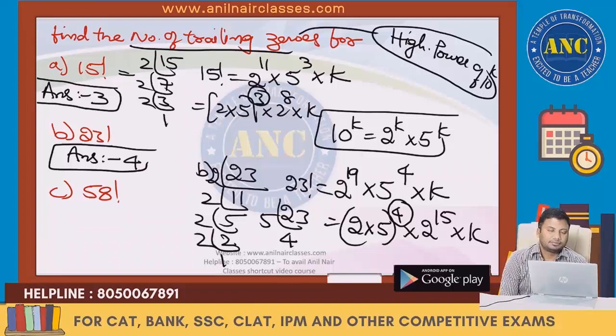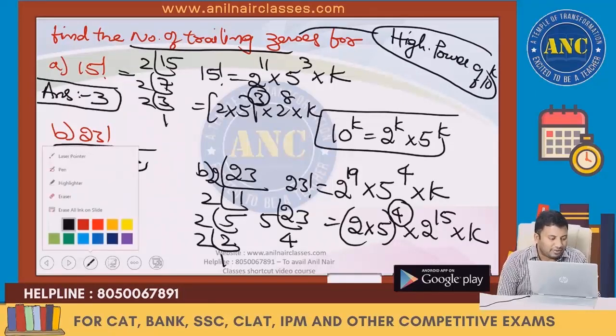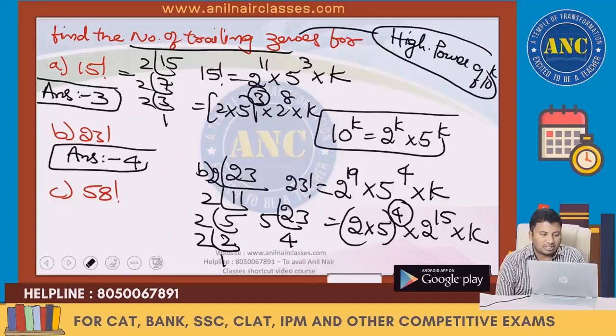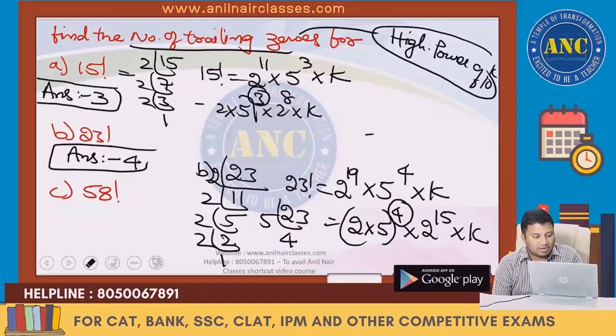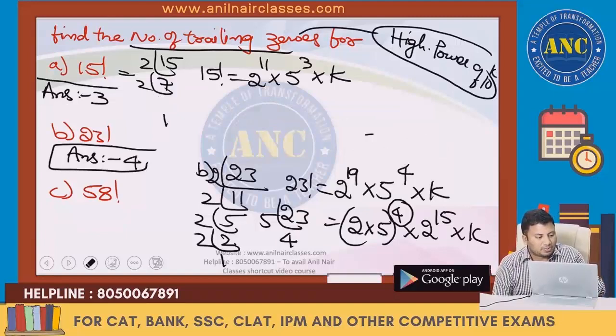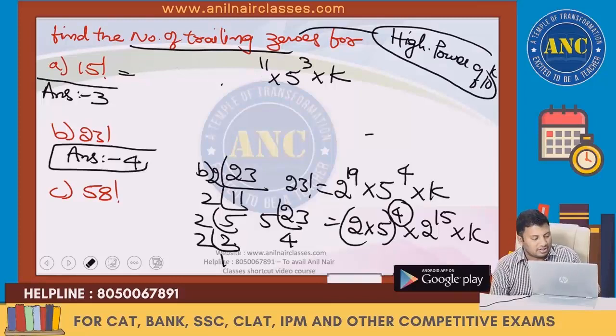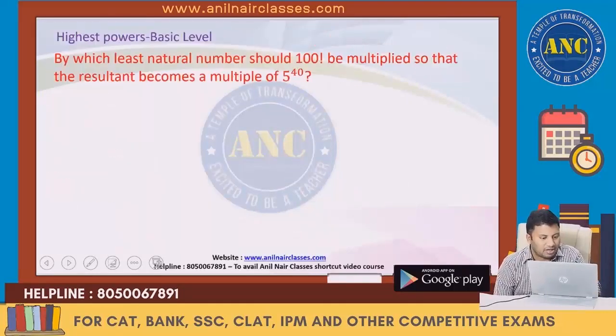Third one. First one clear, second one clear. Just take the powers of 2 and 5. Try to solve the third one similarly. After this problem, some very good, extremely important problems we are going to discuss.